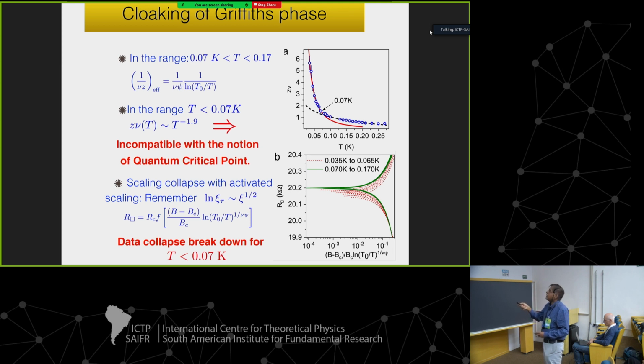But for temperatures below 0.07 Kelvin, you don't see any data collapse. So something should go wrong as you reduce the temperature, or there should be some other mechanism that destabilizes the infinite randomness fixed point that one expects in such systems.